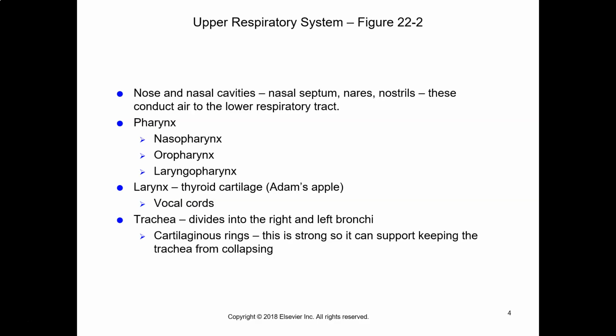The paranasal sinuses drain into the nasal cavities, and if those get infected, of course, we have sinus infection, a lot of drainage. The oral pharynx and laryngopharynx are part of both the digestive and respiratory systems. The pharynx also contains the opening to the tonsils and the eustachian tubes.